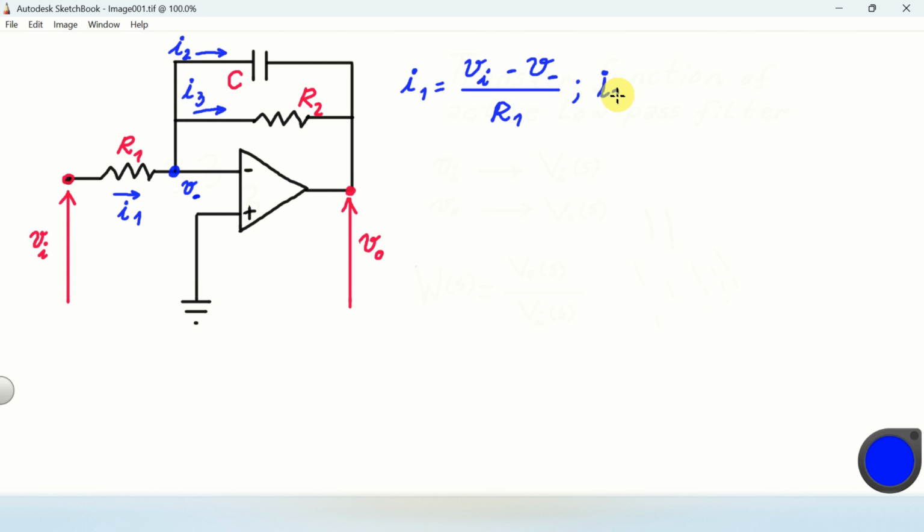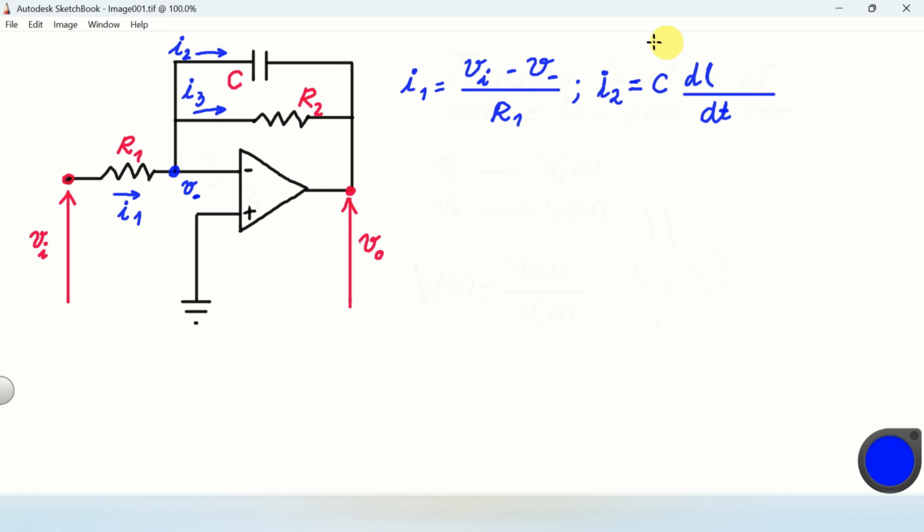I2 is equal to, over here we need to invoke a differential equation describing dynamics of the capacitor. Consequently, we will have C, the voltage drop across the terminals, and this should be the first derivative of the voltage drop with respect to time. So we will have d over dt, and let's see what is being differentiated.